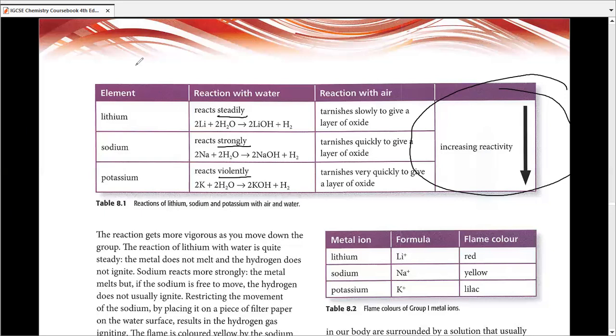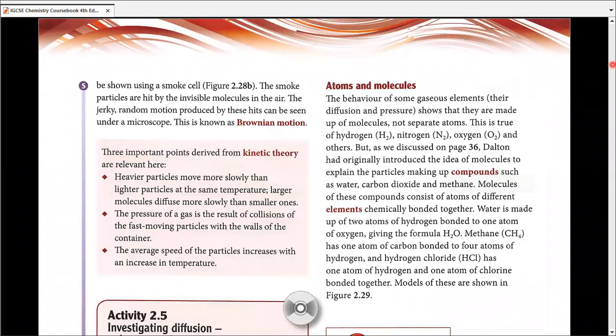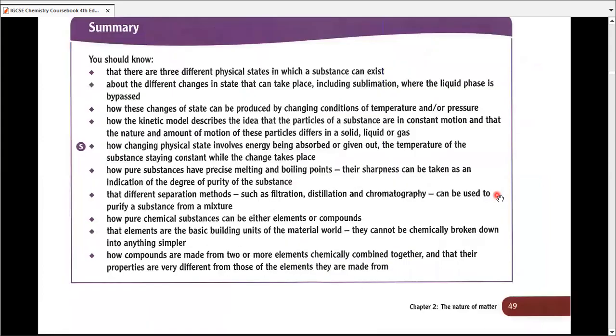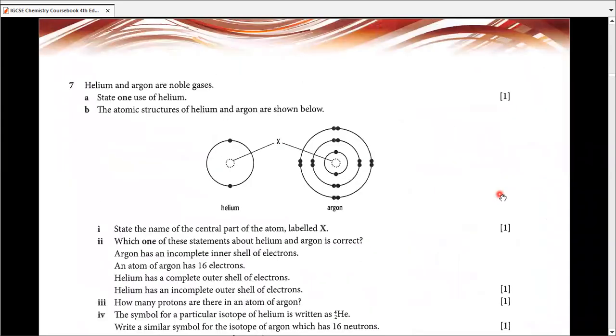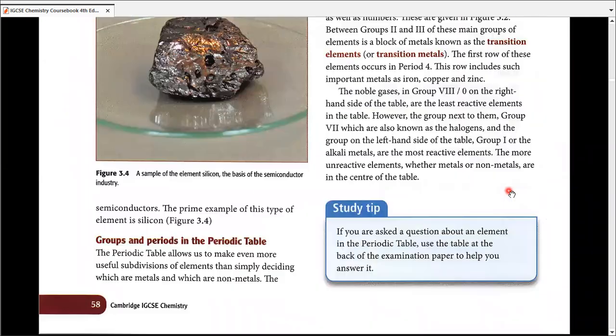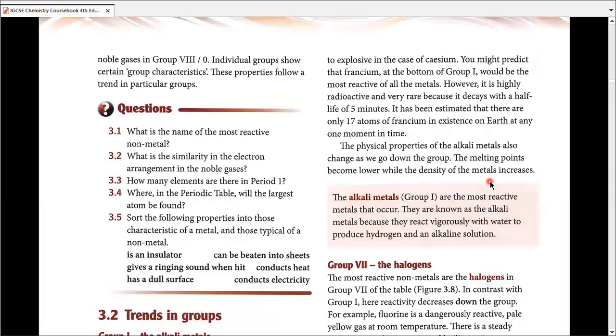Yes, sir. However, we're going to stick to just reactions with water and air over here. Let's get back to the page we started off with. Okay, so this was the reaction with water.